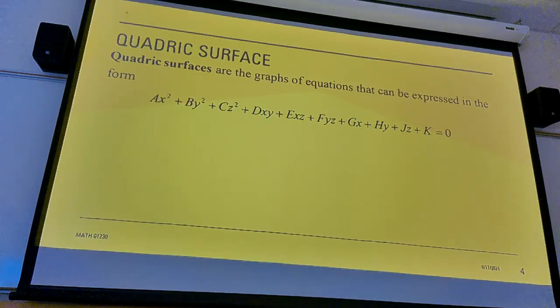Depending on your Calc 2, you may have studied conic sections. This is the three-dimensional equivalent. Conic sections are quadratics in two variables, x and y. Quadric surfaces are quadratics in three variables, x, y, and z. That would be its general form.